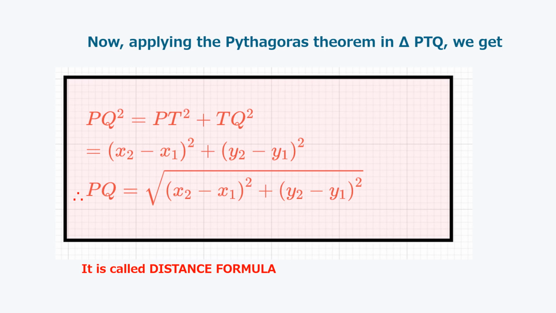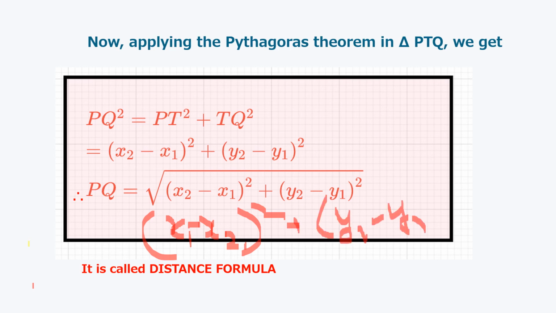Now here I would like to tell you one thing, that you can even interchange. You can take (x1 minus x2) whole squared also. Similarly, you can even take (y1 minus y2) whole squared. It will make no difference in the answer.